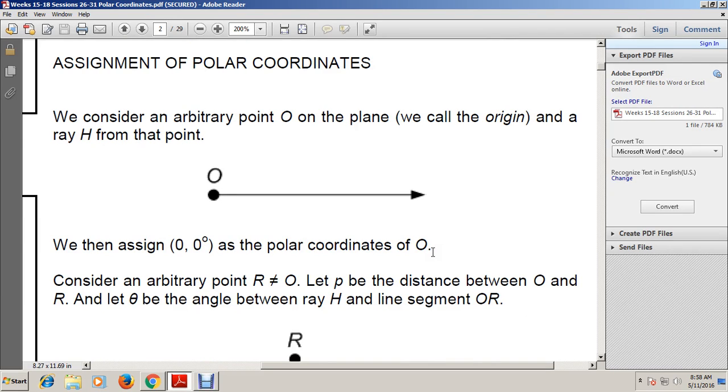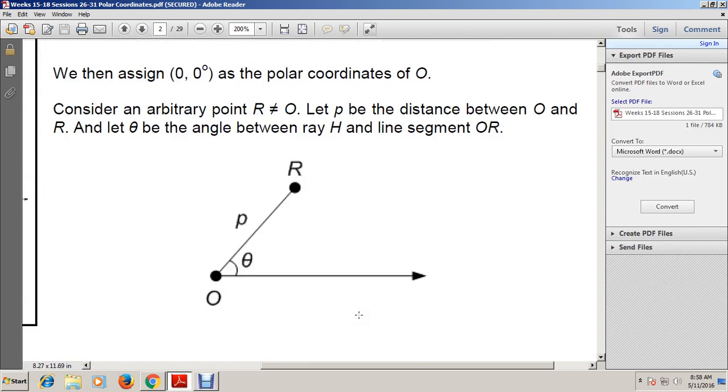We call it the origin, and the ray H from that point. Then we assign 0 and 0 degrees as the polar coordinates of O. Now consider an arbitrary point R, which means R is not equal to 0. Let P be the distance between O and R, and let theta be the angle between the ray H and line segment OR.